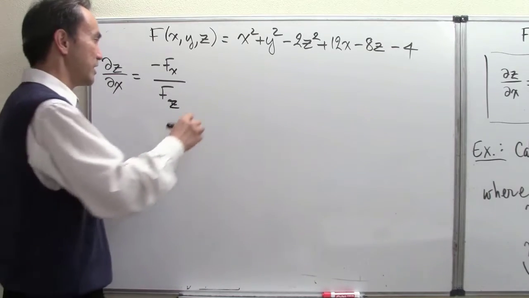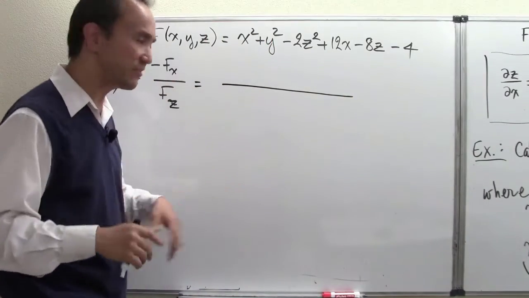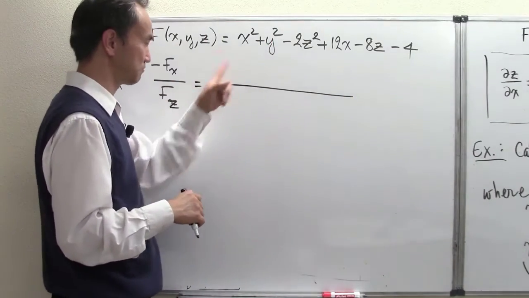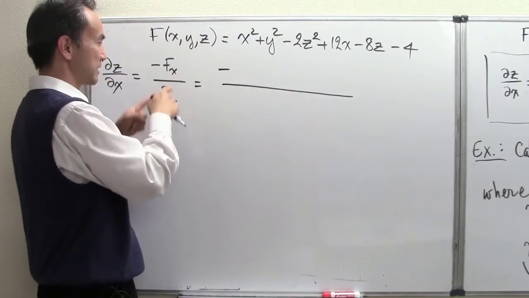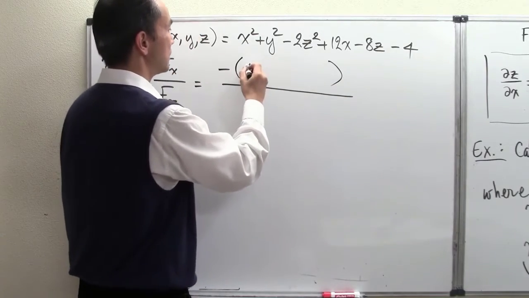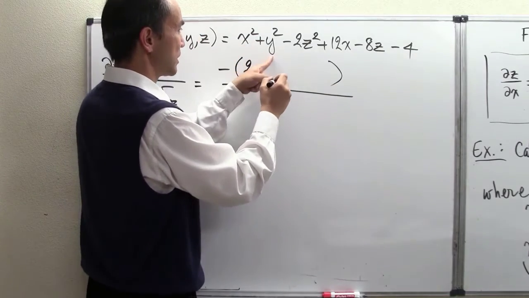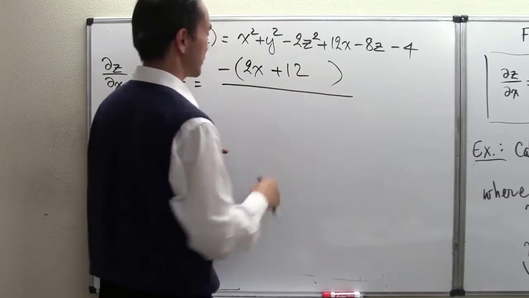Anyone learning in this lesson is mature enough in math that I can do quick work here in finding these partial derivatives. Fx here with the minus sign is going to give me 2x for that first term, 0 for this, plus 12, and everything else is 0.